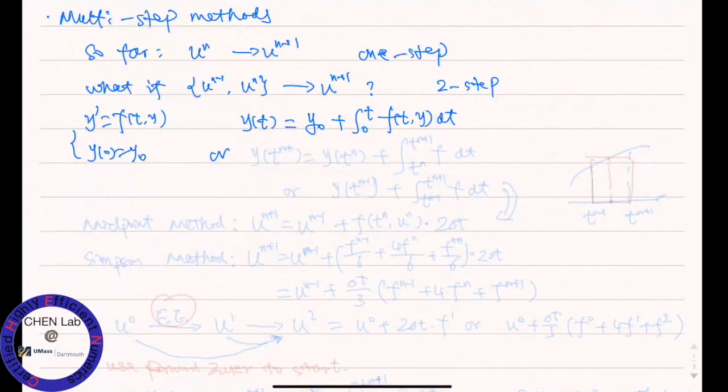Or in our case, y(t_{n+1}) is equal to y(t_n) plus, if you go from t_n to t_{n+1}, you integrate from t_n to t_{n+1} of that f dt.